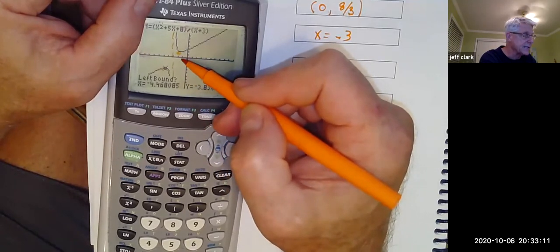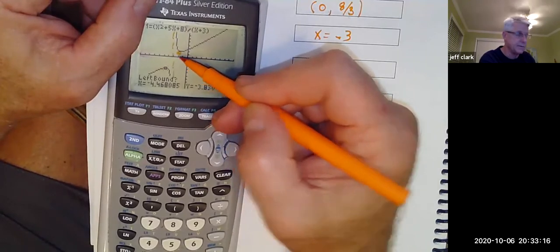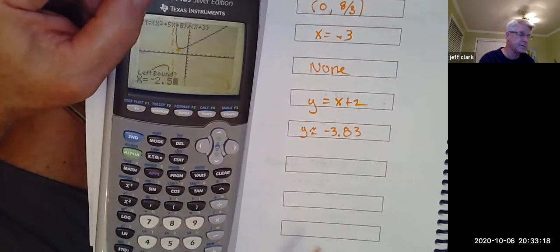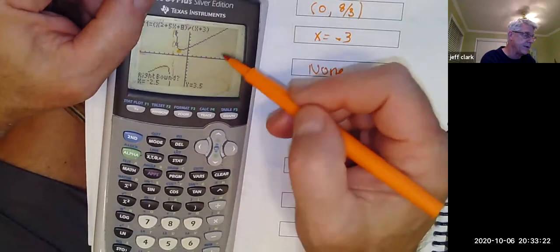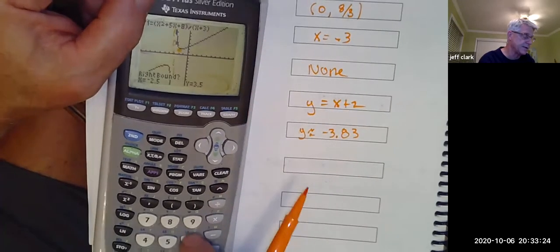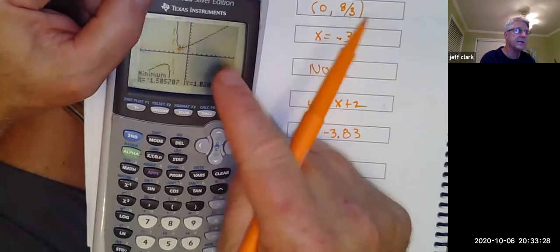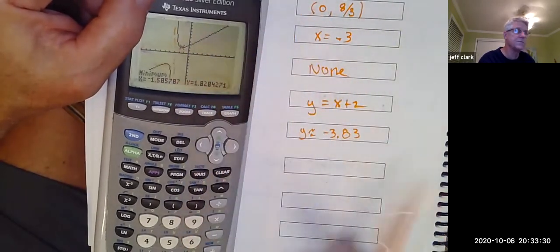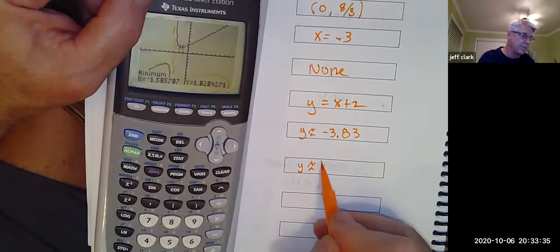So that's -1, -2, that's -3. How about -2.5? And then for the right bound, I can be anywhere over here, maybe 6, and then hit enter. You can see the asterisk is at the lowest part. So you go Y equals, approximately, 1.83.